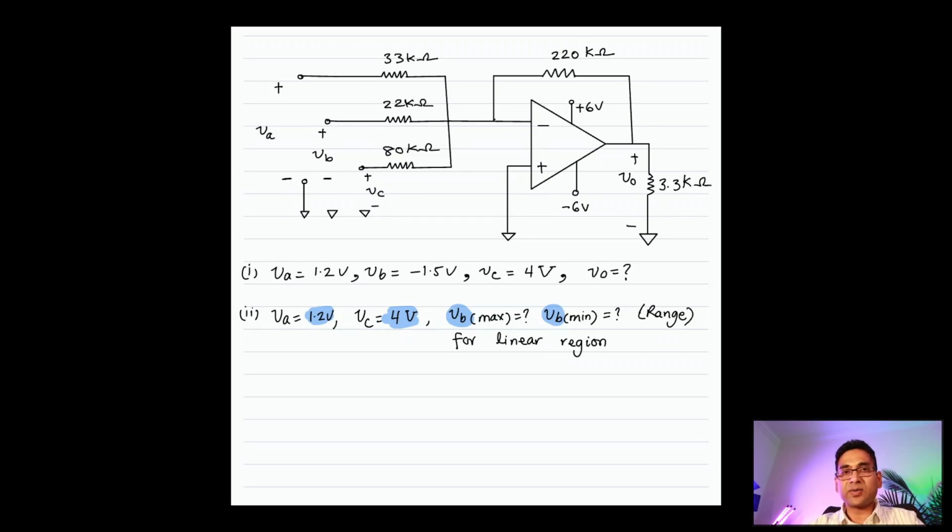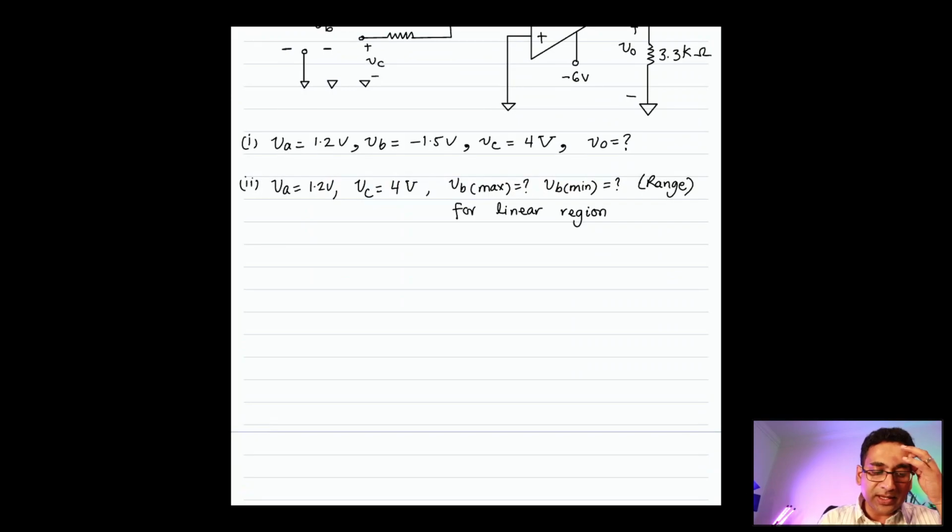We want to make sure that the op amp does not saturate. So let's look at those problems. The solution is here.